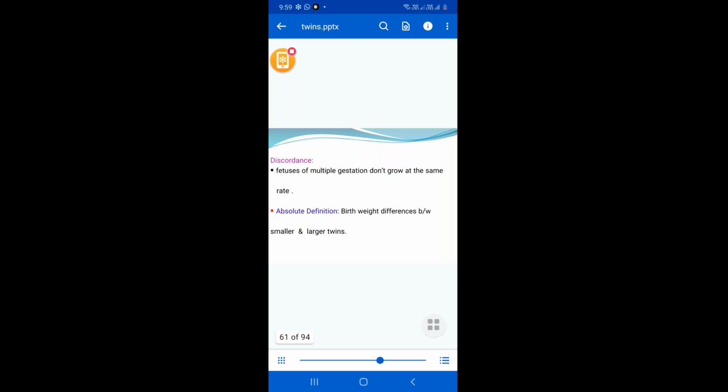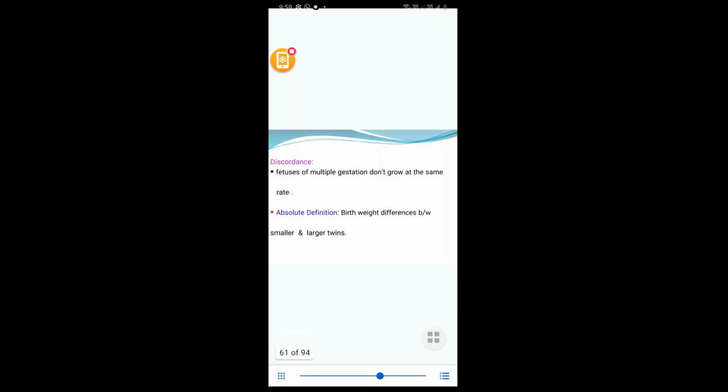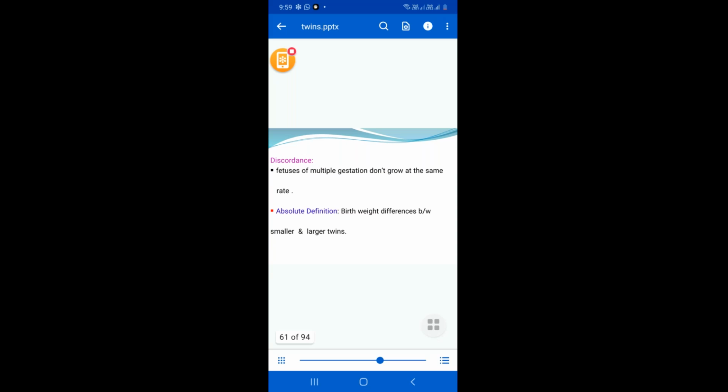Discordance: fetuses of multiple gestations do not grow at the same rate. Slight discordance in growth will be seen, which is measured when you do an ultrasound according to fetal weight, and this is normal if it is slight. But if there is a markedly different birth weight between the smaller and larger twin, then you name it fetal discordance.